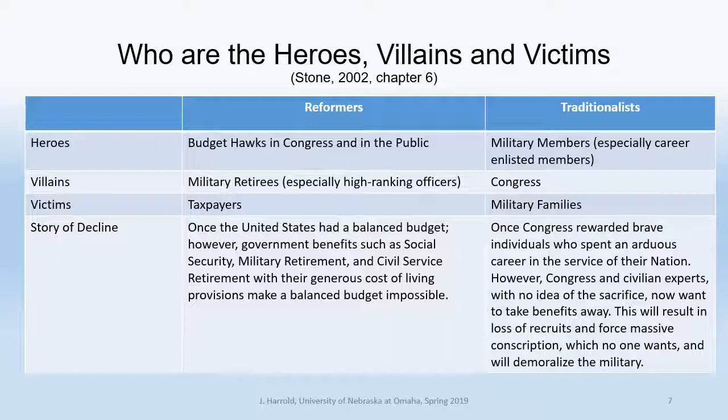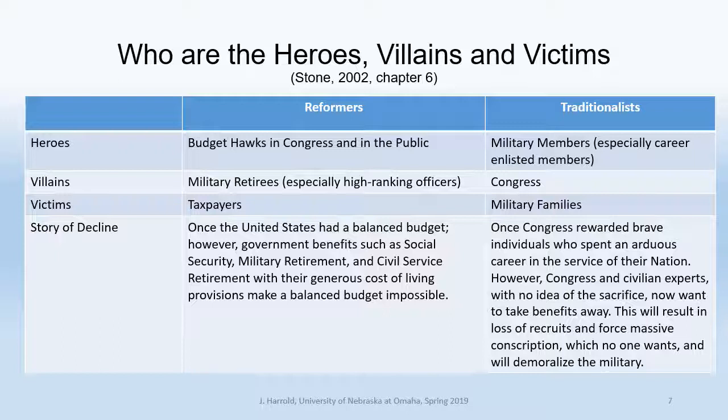The traditionalists said that the story of decline was that, once there was a time in our country's history when Congress rewarded brave individuals who spent an arduous career in the service of their nation. However, Congress and now their smart civilian experts with no idea of sacrifice want to take benefits away. So what this is going to result in is that we will be unable to recruit an all-volunteer force.